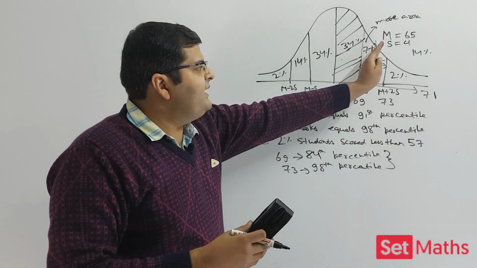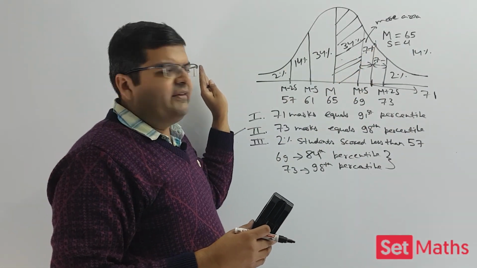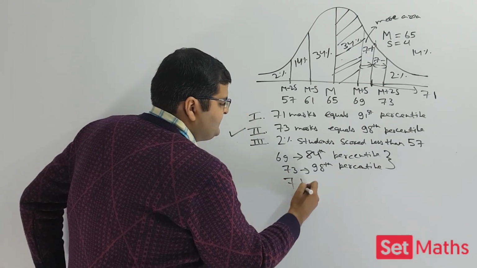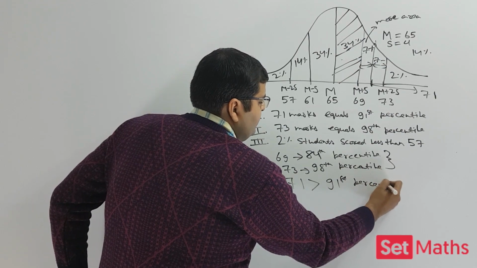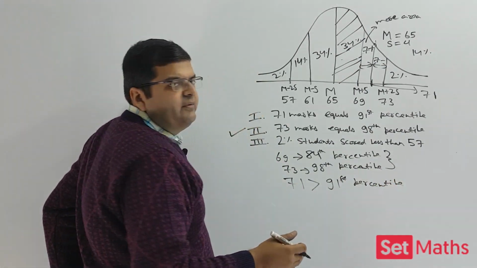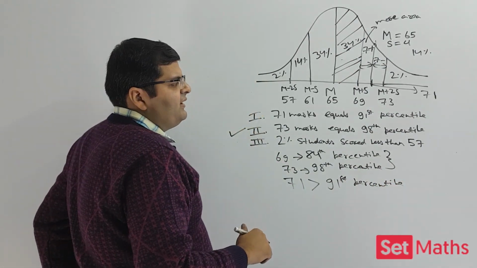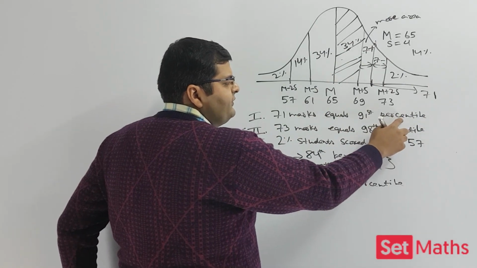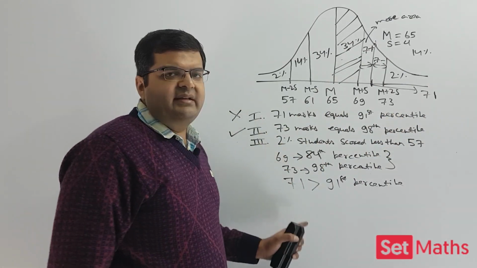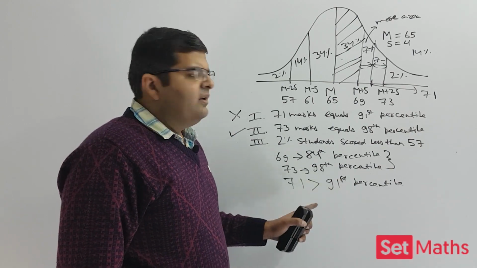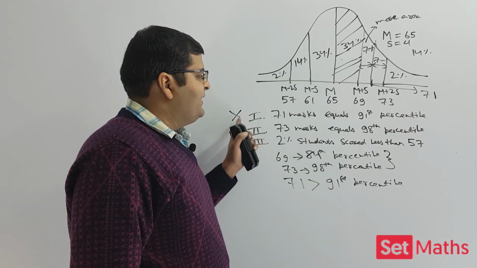That means more than 91% of people lie below 71, so 71 is greater than the 91st percentile. Is 71 marks equal to the 91st percentile? No, it is incorrect. 71 is actually greater than the 91st percentile.